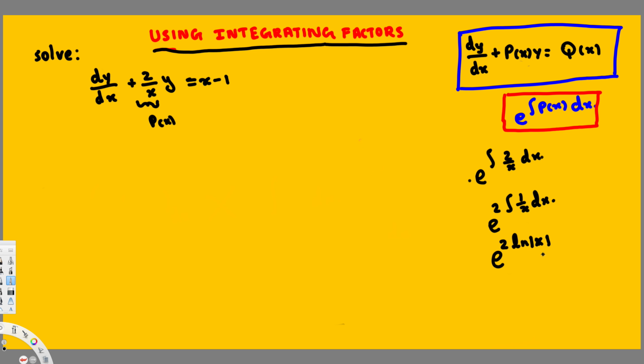Now in order to get rid of this e and ln, we have to bring this 2 inside, and we know that if we bring this 2 inside, that's going to be a square. So this is going to be e to the ln of x square. After we got this one, we can go ahead and cancel this e and ln, because when we have e and ln next to each other, that cancels.